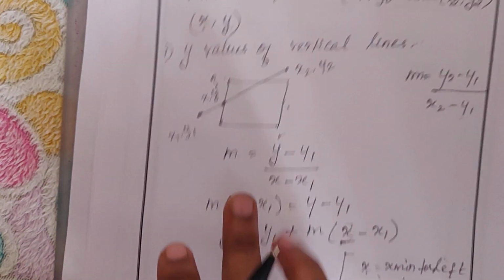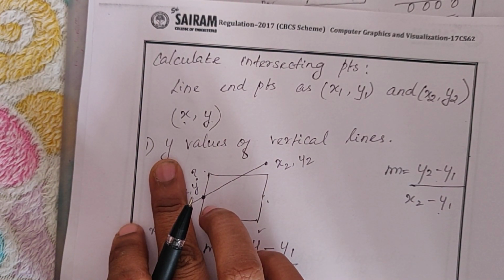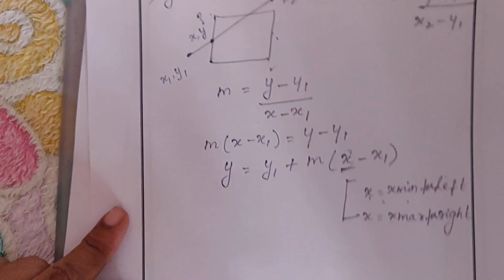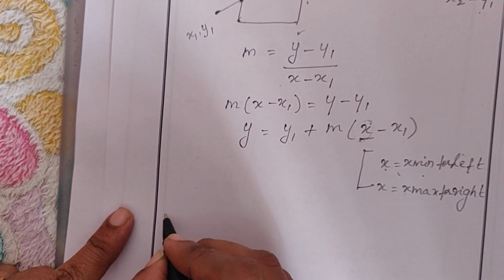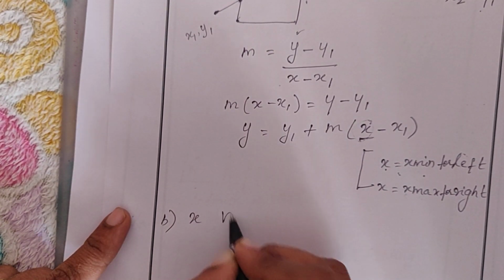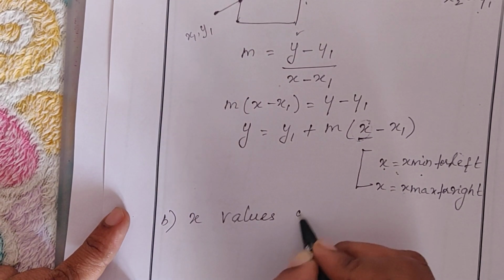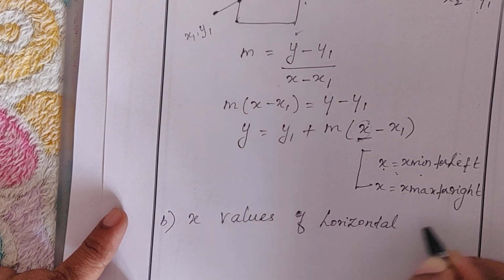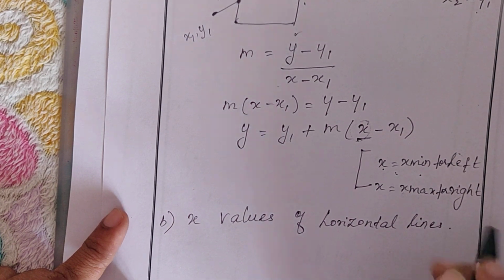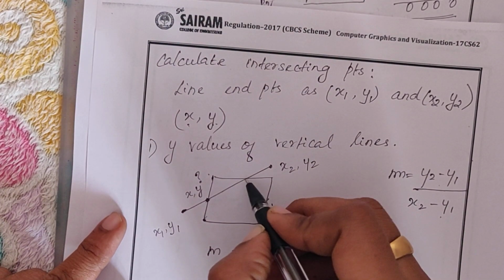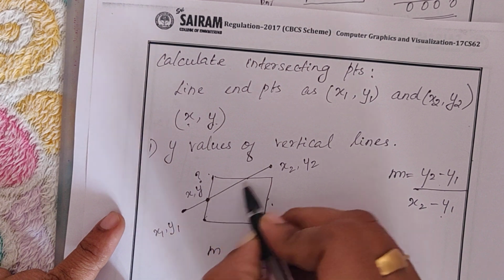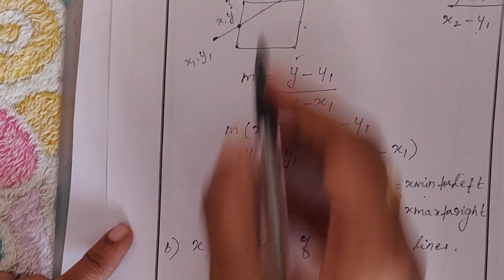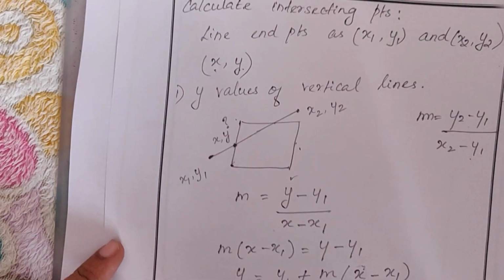Similarly, I have to calculate x values for horizontal lines, right? So the next case is x values of horizontal lines. I'll take this case. Now again my line is intersecting with the horizontal line of my clipping window.